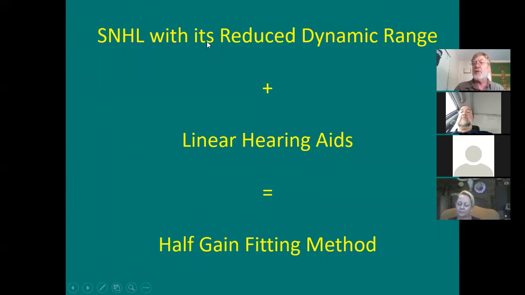Sensory neural loss with its reduced dynamic range plus linear hearing aids of the day gave us the half gain fitting method. And the half gain fitting method is still the spinal cord of all fitting methods used today. Fitting methods used today, however, will have 3 different targets.